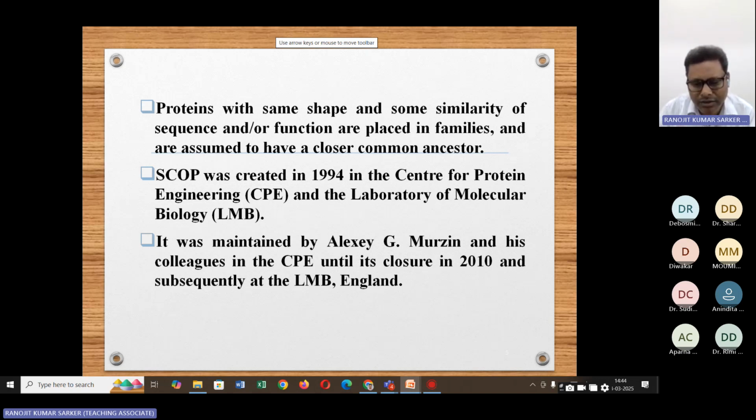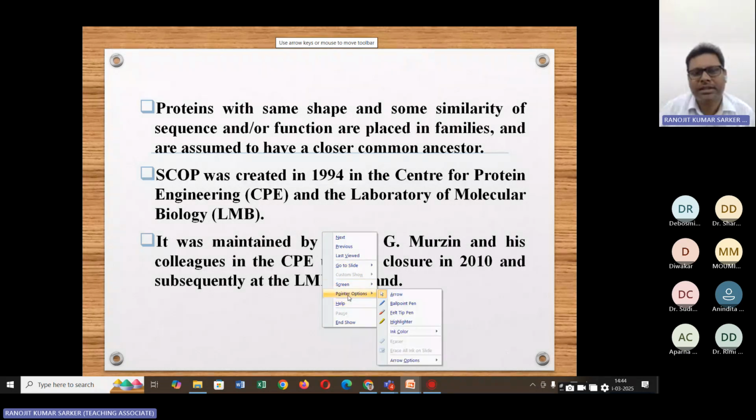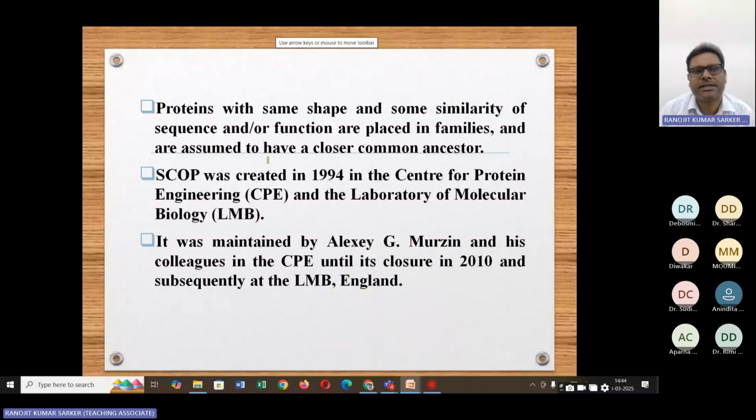Under a superfamily, there can be a number of families. And we will assume that proteins in the same family will have a closer common ancestor.